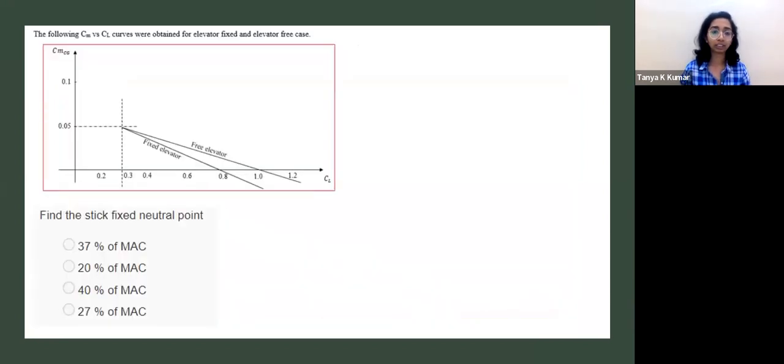Now let's look at the questions. Find the stick fixed neutral point. The graph is CM versus CL. They've asked you to find out the neutral point. How do we do this? It's straightforward.